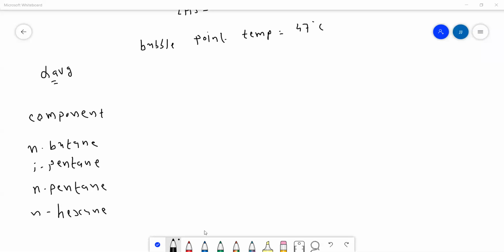All right. So this is the average velocity, right? We have to determine the average relative volatility. Because at the top and bottom the temperatures are different, the relative volatility is different. So we will then take the average relative volatility, right?